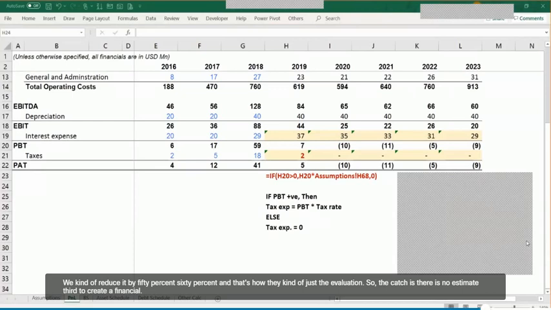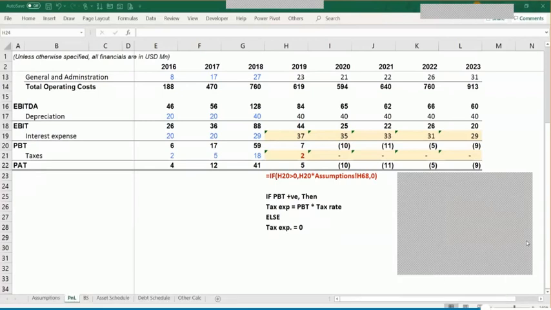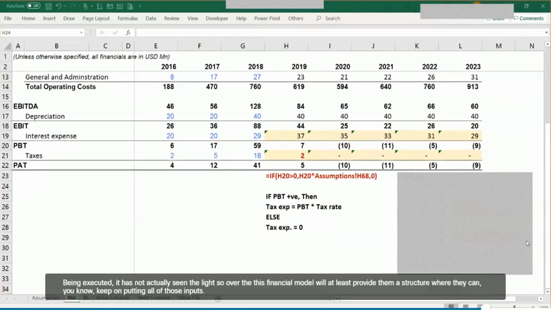So the catch here is there is no best method to create a financial model for a startup, because over there everything is in the air. Nothing has been started, or even if it is in the process of being executed, it has not actually seen the light. So over there, the financial model will at least provide them a structure where they can keep on putting all of those inputs.